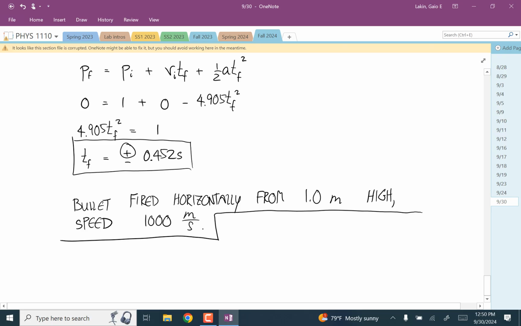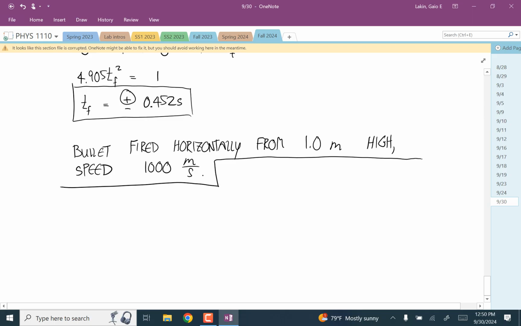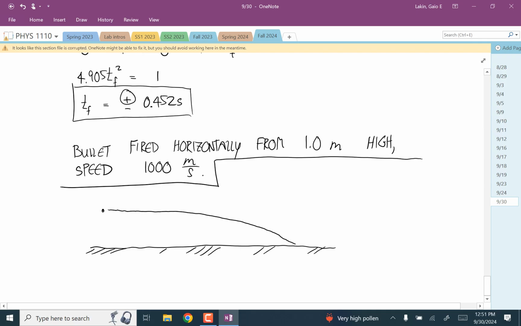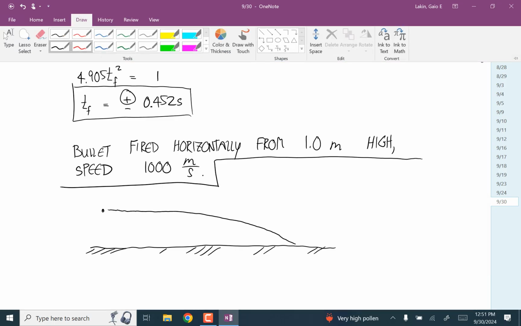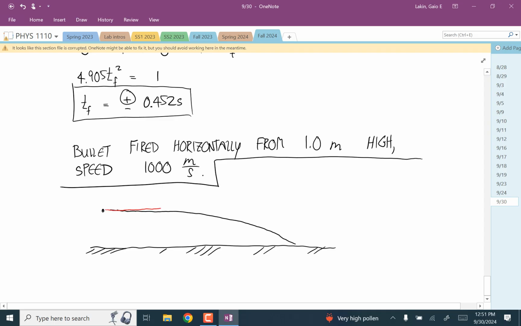And we're going to calculate how long this is going to take to hit the ground. This time it's going to start at a height of 1 meter, start out horizontal, and then take a long parabola like that. Its starting velocity is going to be a horizontal vector of 1,000 meters per second.